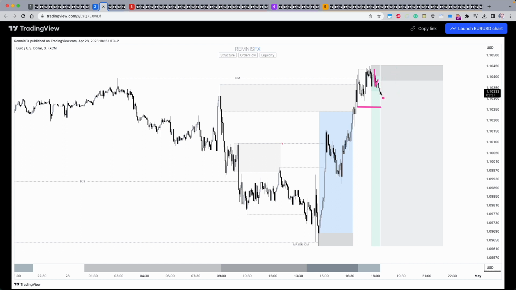If not, then I will just wait until perhaps something like this happens along the way, either before or after, perhaps creating here our internal change of character, right? So definitely always good to come up with a couple of scenarios to go with. If this, then that, otherwise so and so.